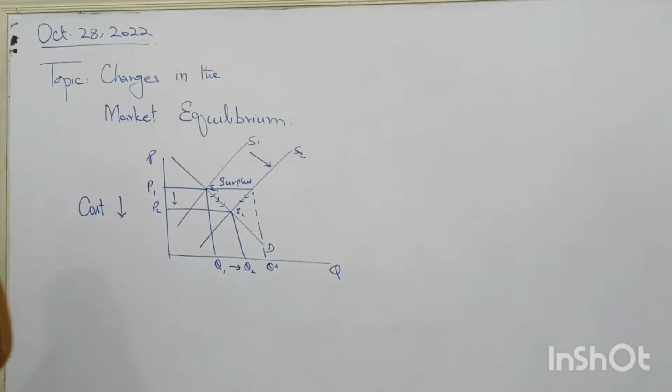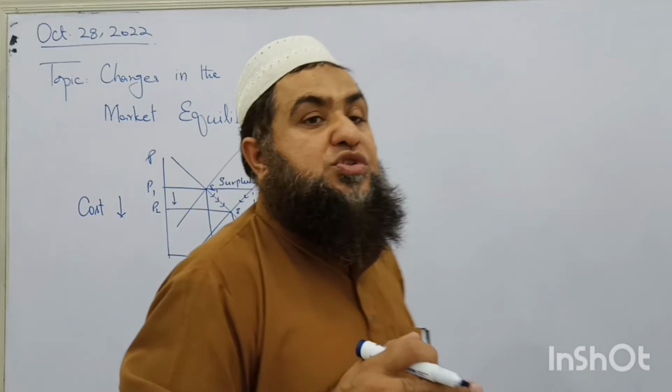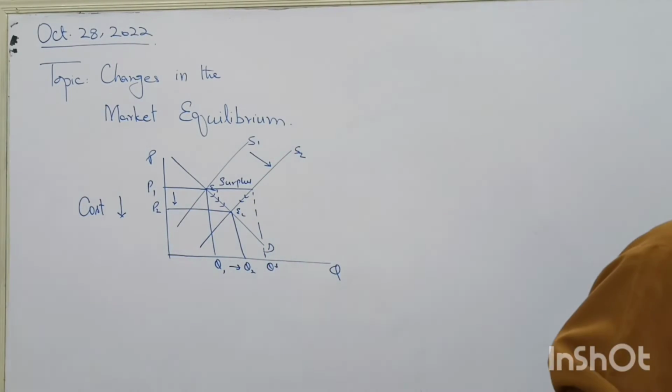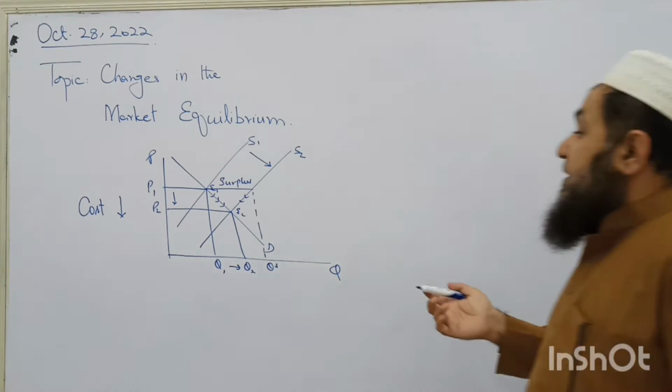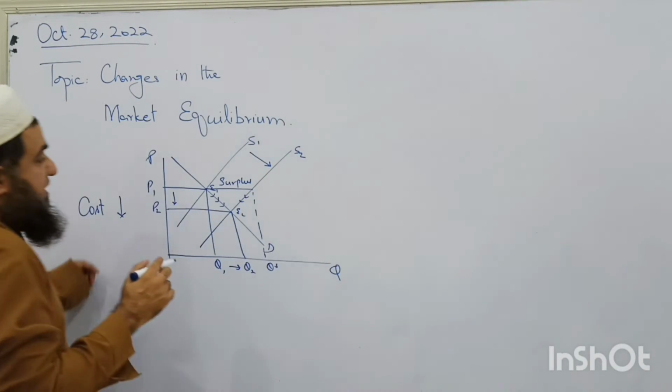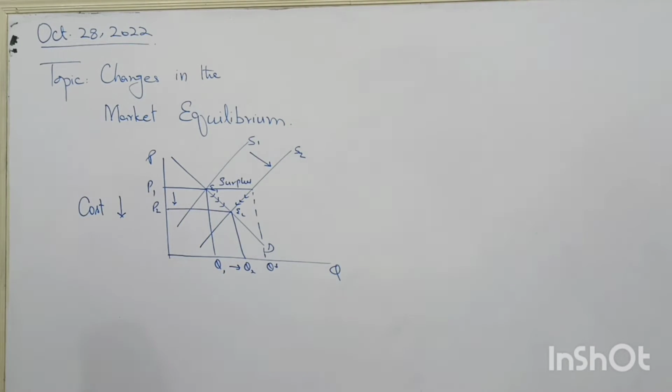So every time the equilibrium price goes down, it is due to the presence of a surplus, and any time the equilibrium price goes up, it is due to the presence of a shortage or excess demand in the market.